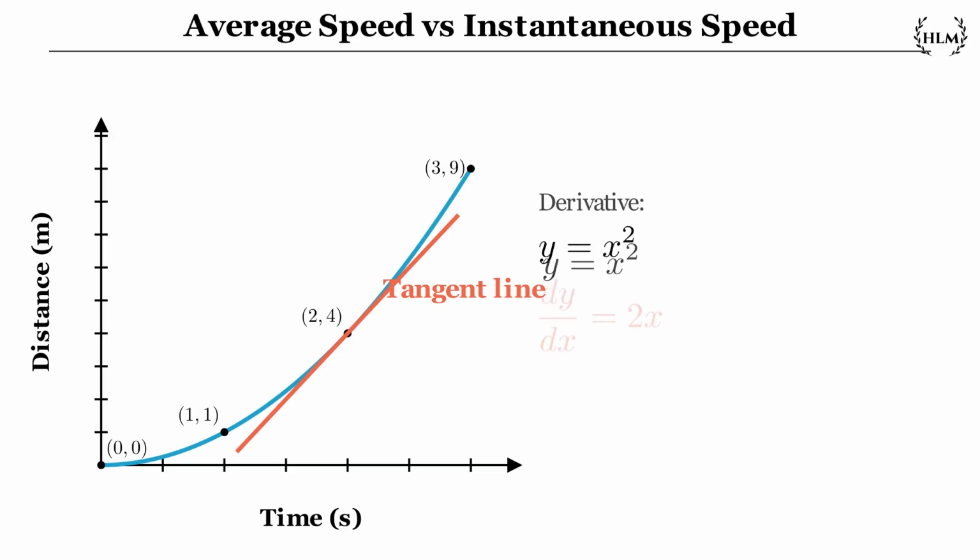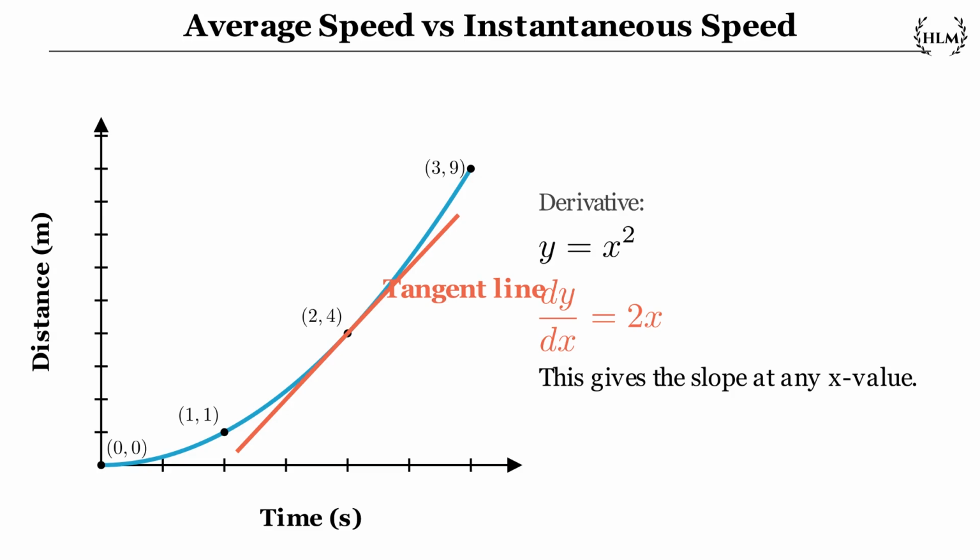So if we have the equation y equals x squared, the derivative, which can be covered in another video, is 2x. Now this equation 2x, the derivative, gives you all the slopes of tangents at any point on this curve. It's so powerful.